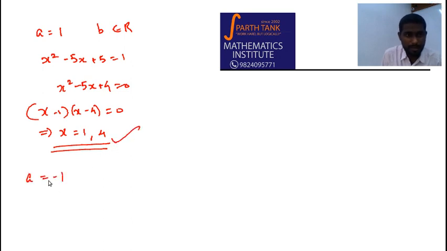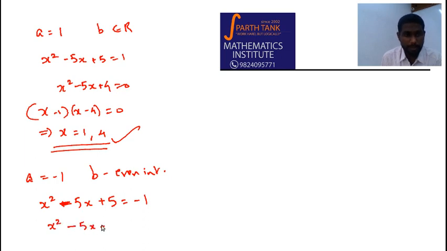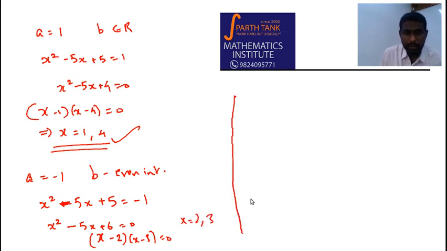Third case, a is minus 1 and b is even integer. Okay, so here a is x squared minus 5x plus 5 is equal to minus 1. This would give me x squared minus 5x plus 6 is 0, or x minus 2 and x minus 3 is 0. x becomes 2 or 3. Now let us see what will happen to b.